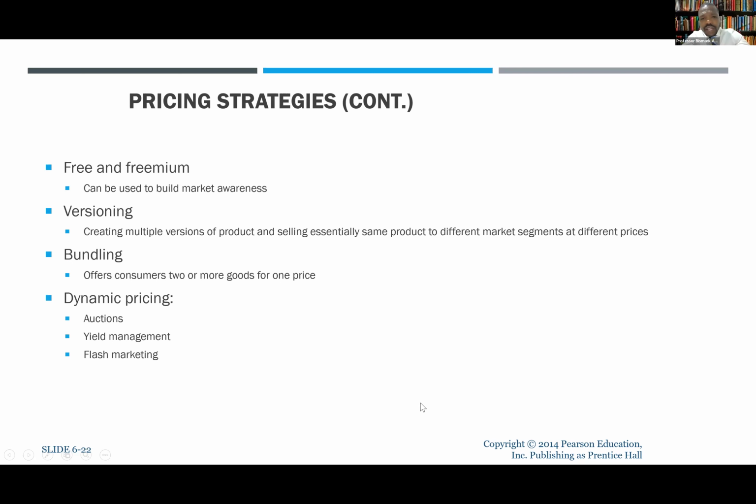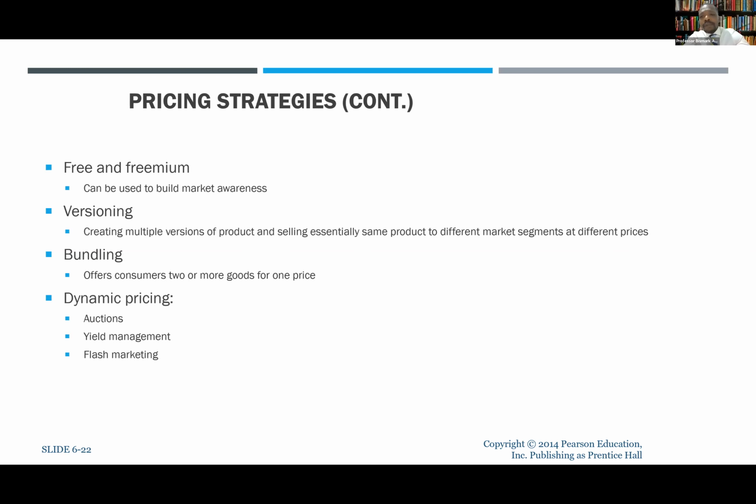So in our slide, I provided you free premium, versioning, bundling, and also dynamic pricing. So free for premium, right? It's allowing the customer to test the services, see the viability of the services, see if they like it with very limited options or features.